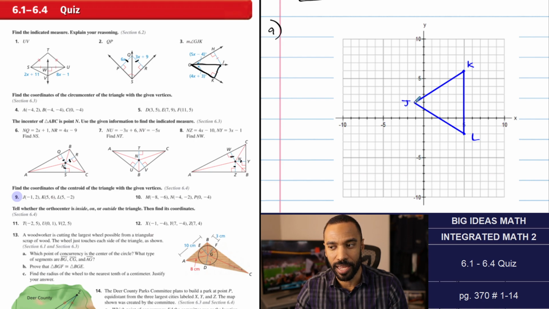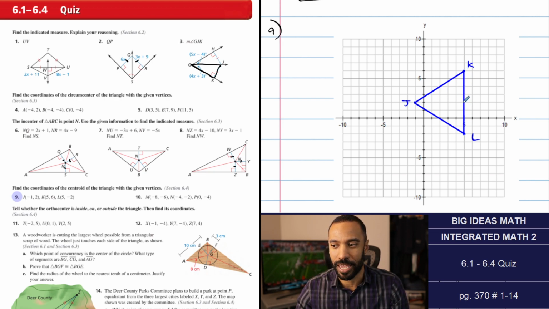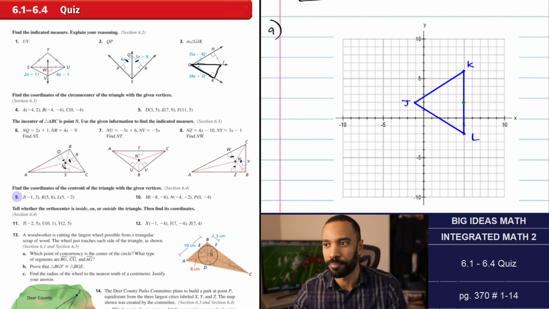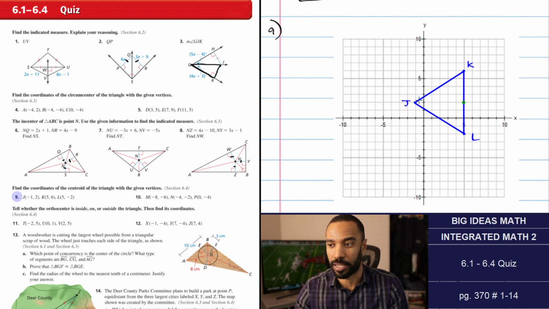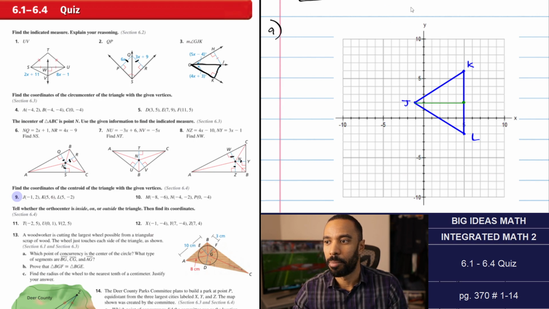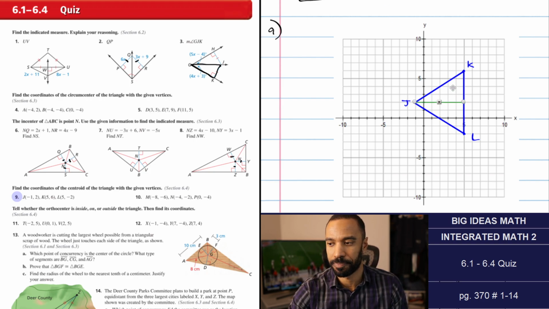So for point J, we want to find the midpoint of KL and draw a segment from J through there. It looks like the midpoint of KL is right there. I think you can kind of just attest for that, if that makes sense, right? So I can draw a median right here from J. I can call it JN or JM or something like that if you want me to. But this is going to be one of those medians.